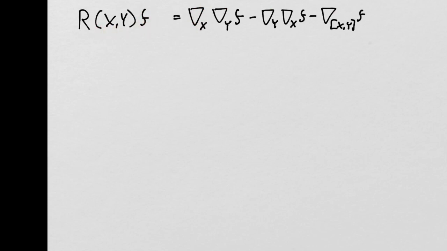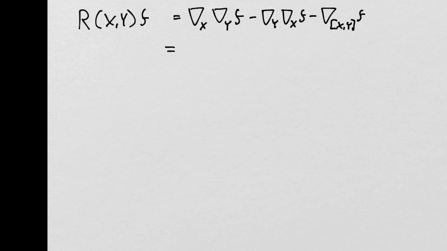Now you can do this, right? These are covariant derivatives. You can take the covariant derivative of the function. It just so happens that that's actually equal to its partial derivative. So the quickest way to see that this guy is always going to be zero is to just throw it down into component notation, right?